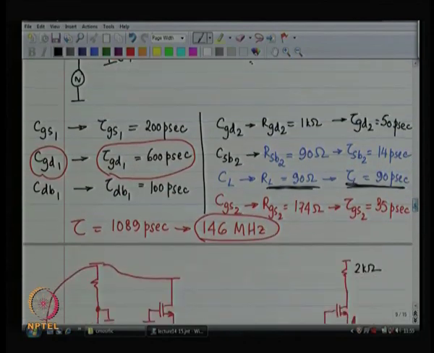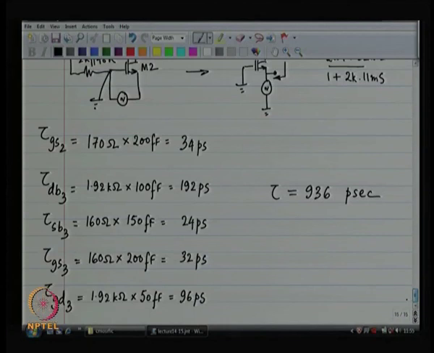Now, I have improved, not much, marginally, to 936 picoseconds, which basically gives me a 1.07 gigaradians per second bandwidth, and converting that to hertz, I get 170 megahertz. Okay. So, from 146 I have improved to 170 megahertz. Not bad, could have been better.